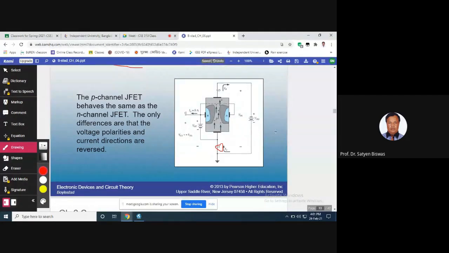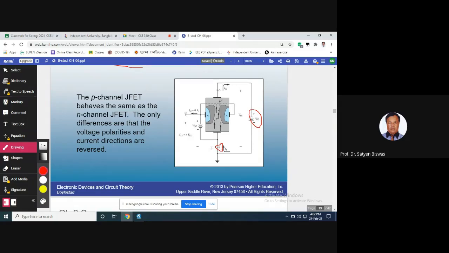This is not right, right? They put the wrong symbol here. It says the positive will not be on that side, and the negative on this side. So this is the source.